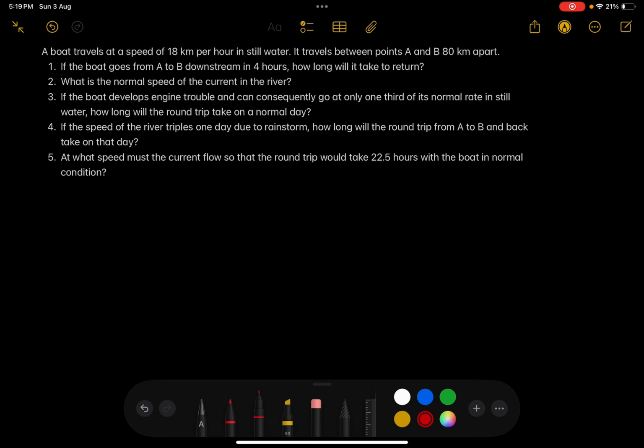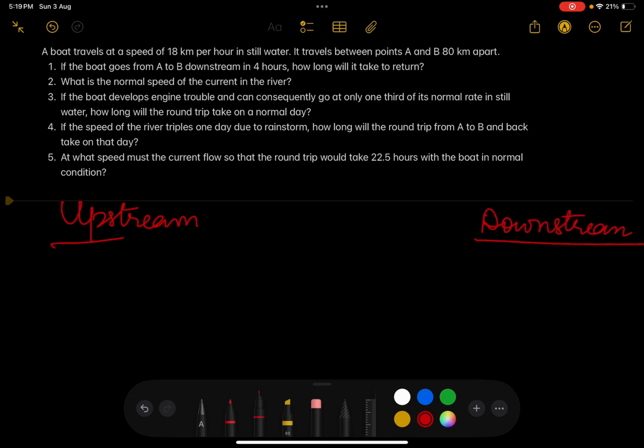Okay, so first we are given the boat: a boat travels at a speed of 18 km per hour. Now first let's understand the concept of upstream and downstream. In upstream, the boat is going up against the current.